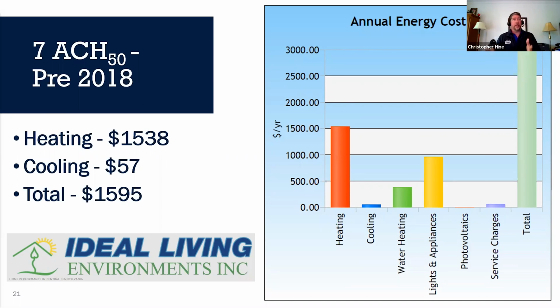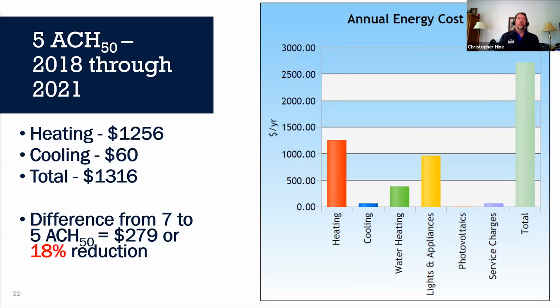But if you wanted to go the testing route, you had to pass 7 ACH50. For this home, the annual heating cost was $1,538. The annual cooling cost was $57. That gave us a grand total energy usage for conditioning, both heating and cooling, of $1,595, okay?